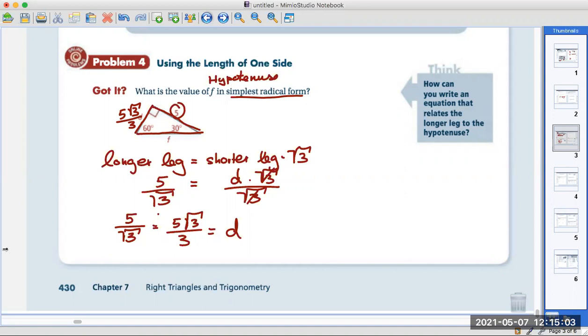We still have to find f. So f is the hypotenuse. I'll start with my new sentence: hypotenuse is 2 times the shorter leg.